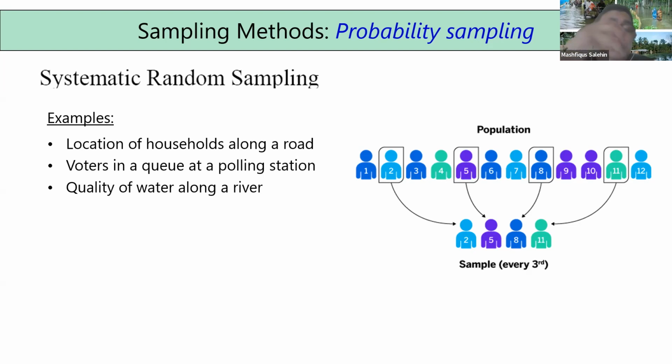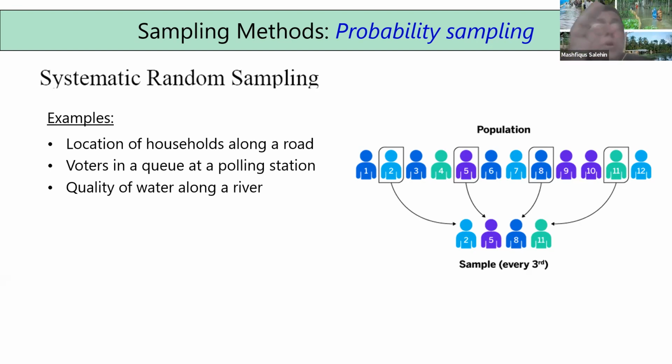Another example is the quality of water along a river. You want to understand how different groups of people are differently impacted by degraded water quality along a river. In that case, you can also use systematic random sampling.